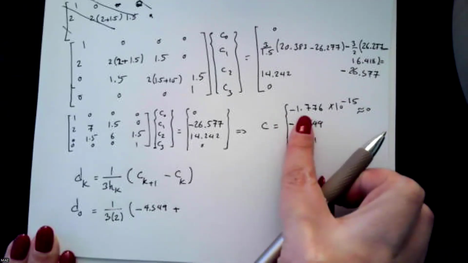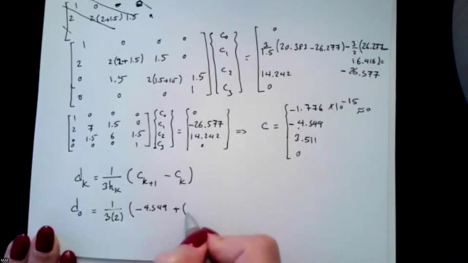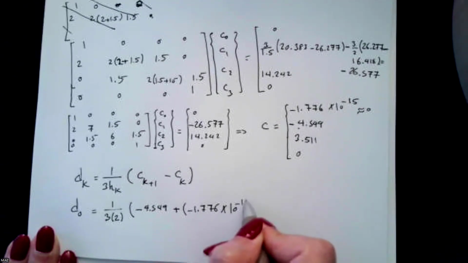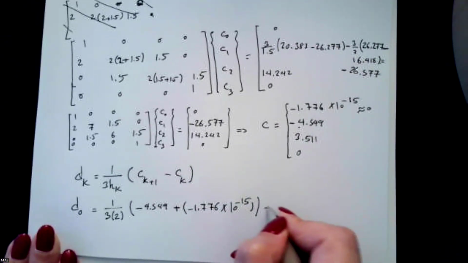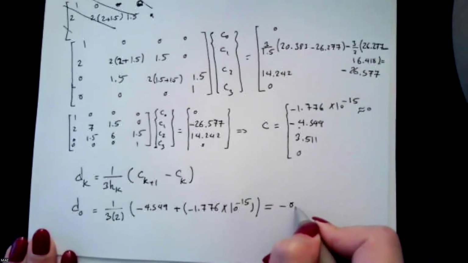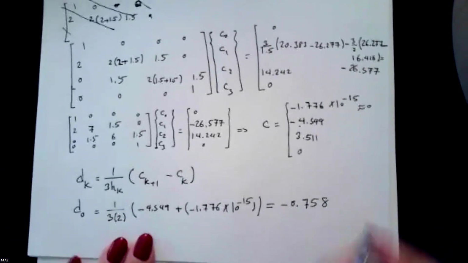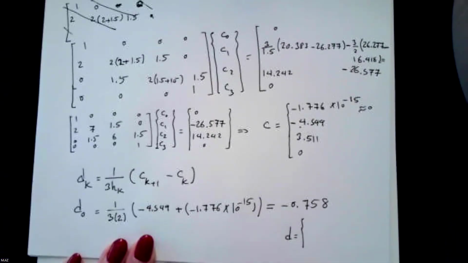The value of the C naught, we can use the 0 or this value. The value of D sub naught is approximately negative 0.758.